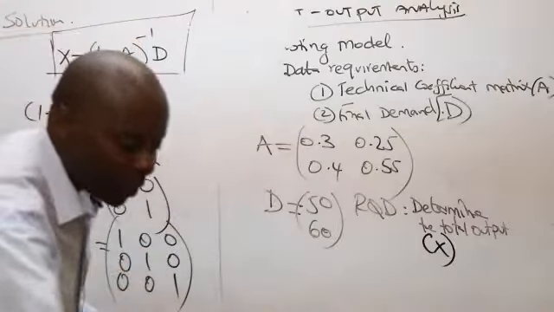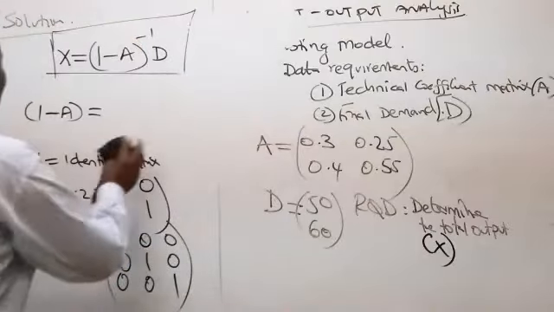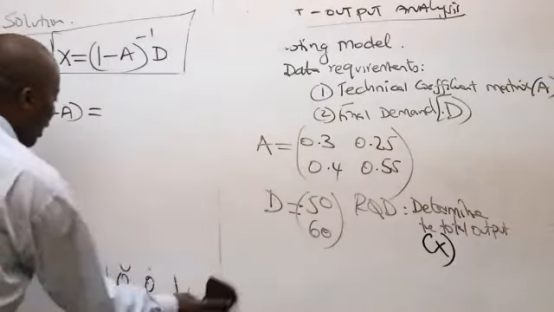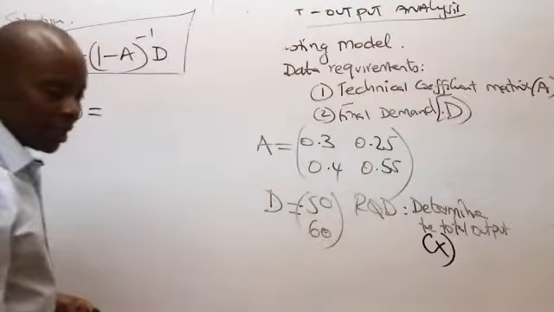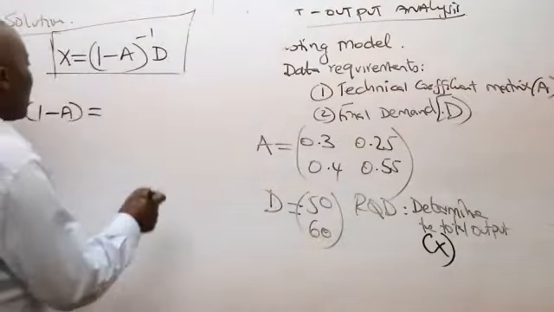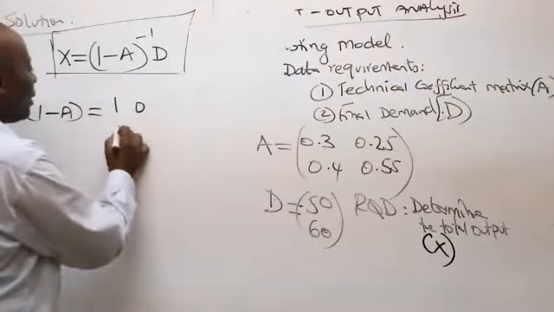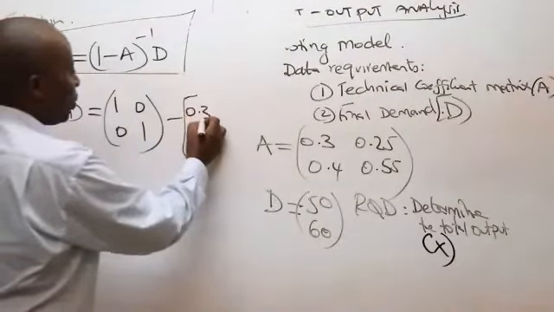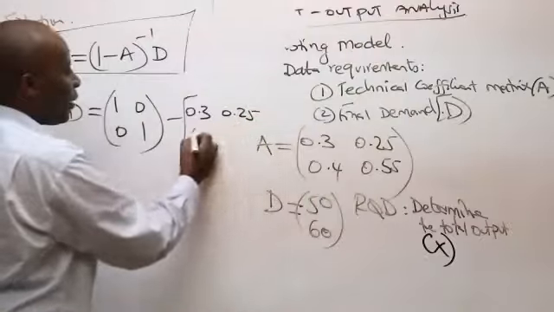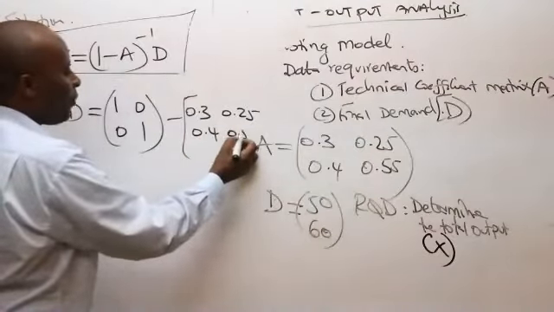So what I'll do, ladies and gentlemen, is I minus A, and I can see what my I is. My I is 1, 0, 0, 1, like that, minus A, which is 0.3, 0.25, 0.4, 0.55.